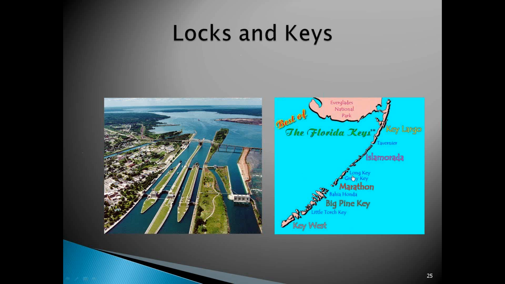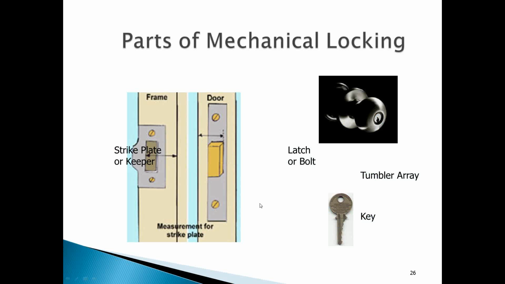We have locks here and keys here, but what we're going to be talking about is mechanical locking. A locking system consists of nothing more than a door that can be locked to a frame. In the frame, you set a strike plate or keeper, set some ways in depending on the size of the door.